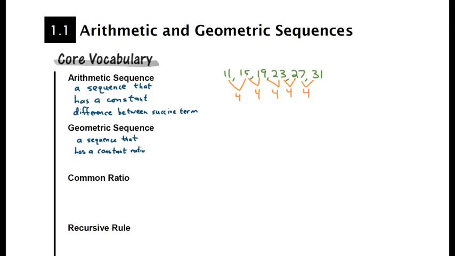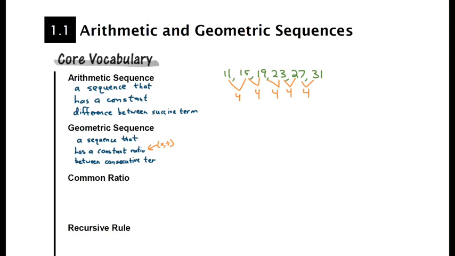It's a constant ratio between consecutive terms. Alright, and ratio is just a fancy word for the same thing multiplied or divided, okay? That's what we mean by ratio.